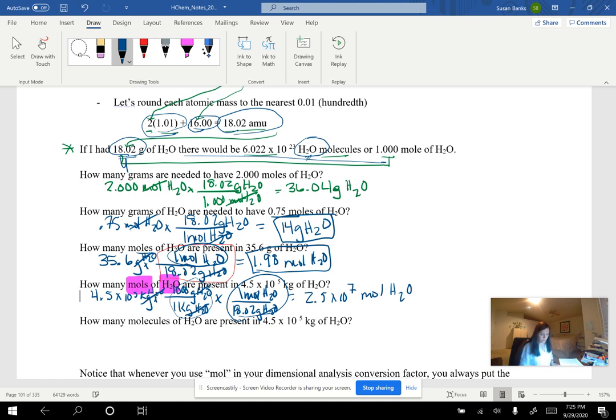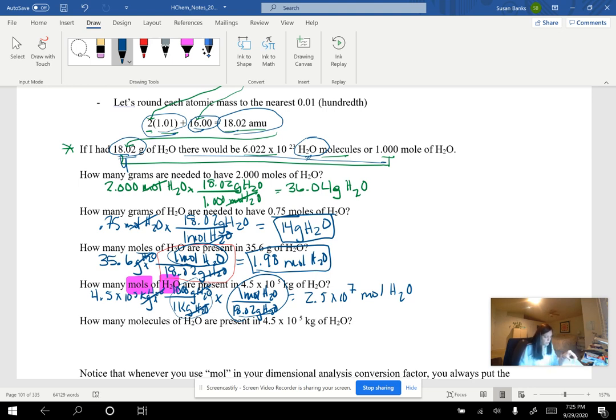Okay, how are you doing so far? Okay, let's do one more. How many molecules are present in 4.5 times 10 to the 5th kilograms of water? Now, same thing applies, only I don't want to stop at moles now. I want to take it one step more. I want to do moles to molecules.